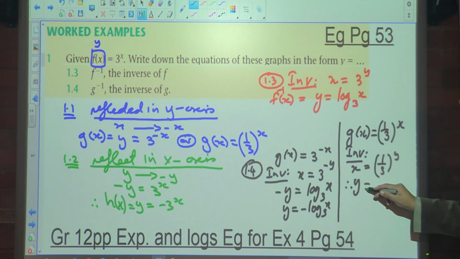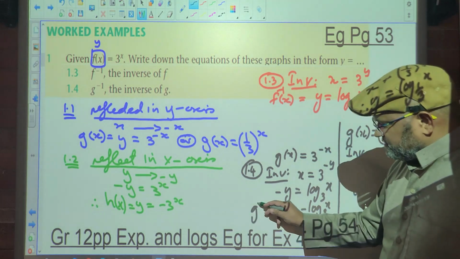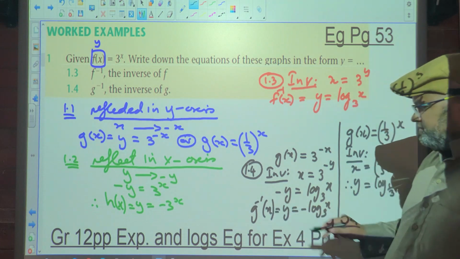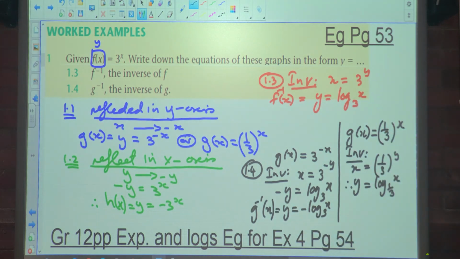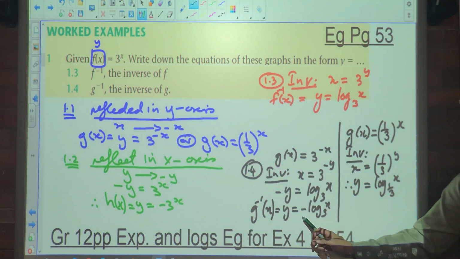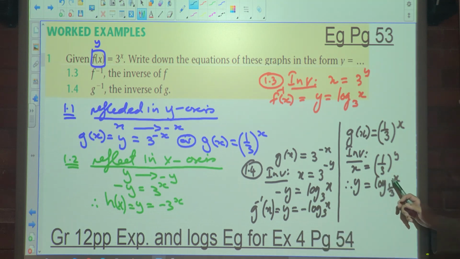Therefore, y is equal to log x base a third, which is the inverse function there as well. You all agree with that, people? Can you see what the difference is? That is 3, there's a negative here. Otherwise, if that's a third, it is positive.